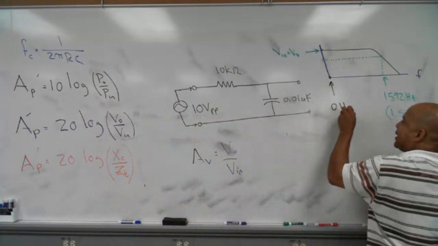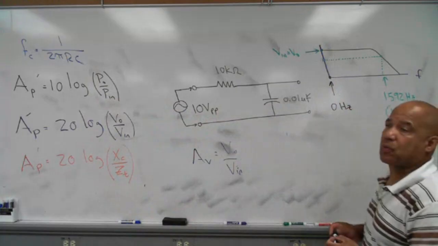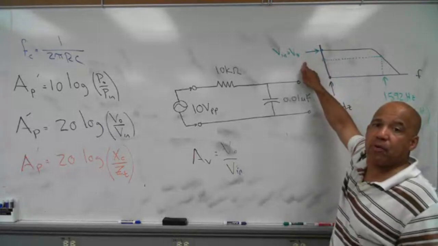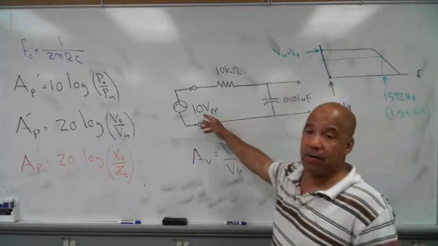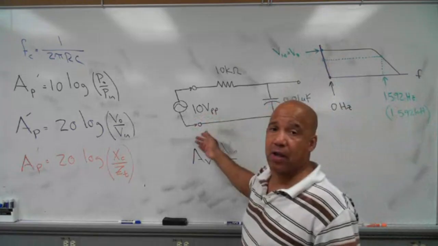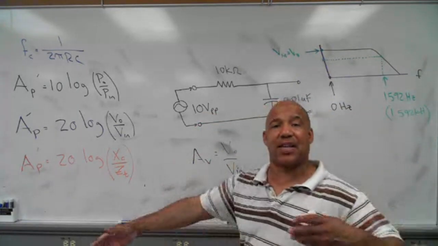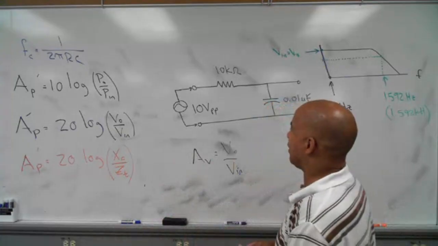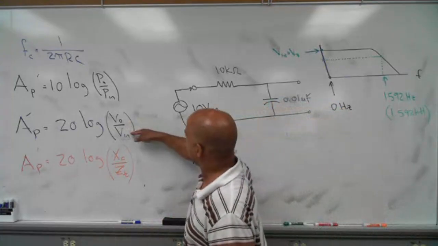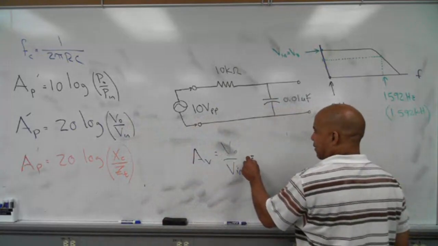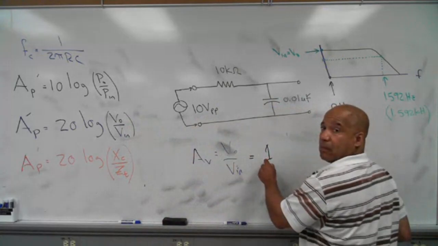What can the graph tell me about 0 hertz? What it can tell me is that's the frequency at which V out and V in are equal. Now we know what V out and V in is for that at 0 hertz. It doesn't even matter. All that matters is they're the same value. And so what Jacob said, well, if this value and this value are the same, then this gain is going to equal 1.